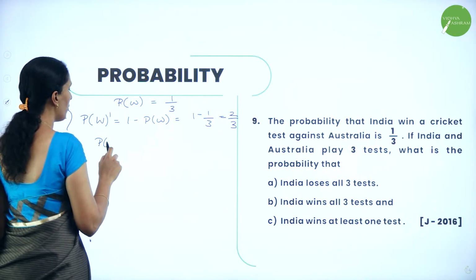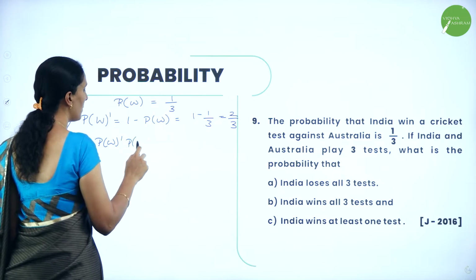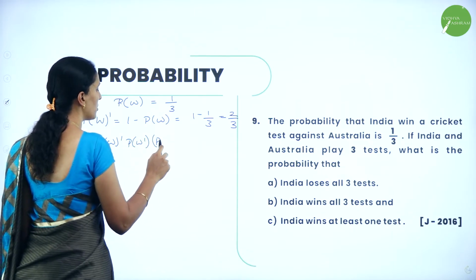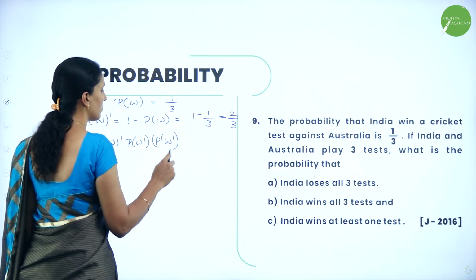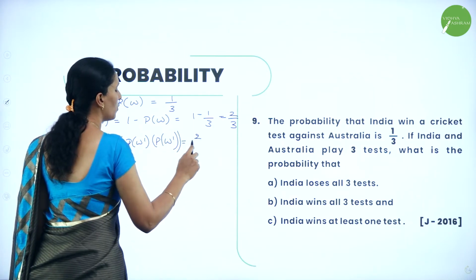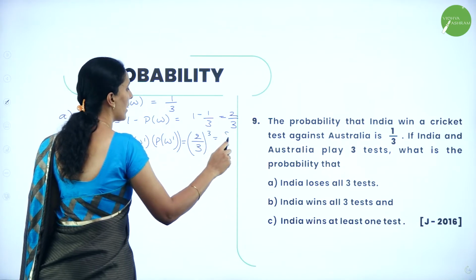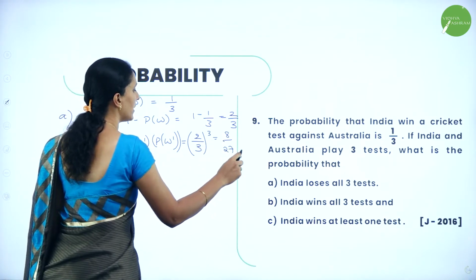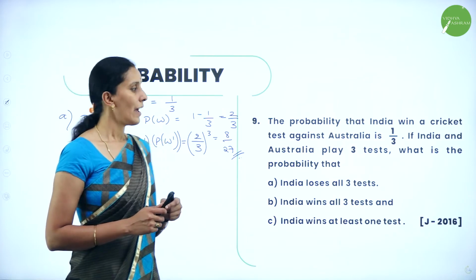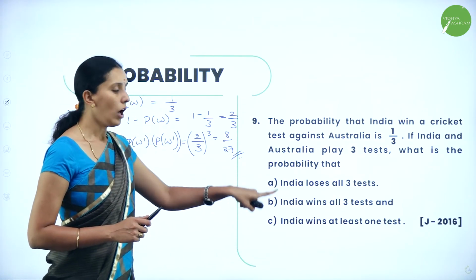Probability of W dash, probability of W dash, probability of W dash, so that is 2 by 3, 2 by 3, 2 by 3, which becomes 2 by 3 whole cube, or 8 divided by 27.